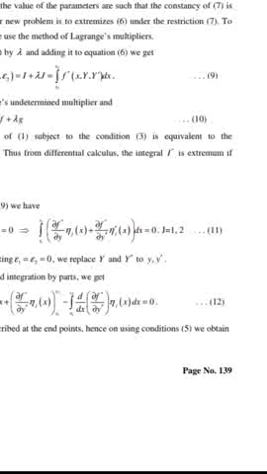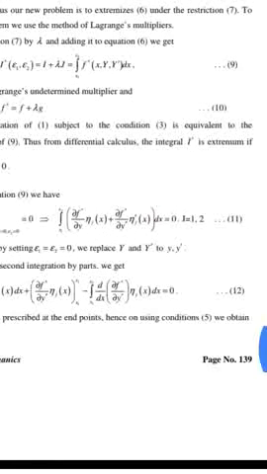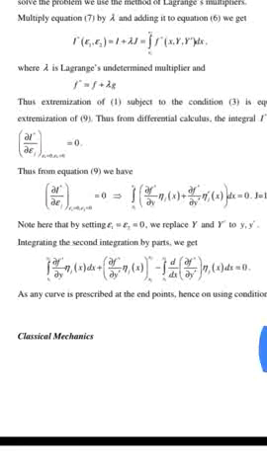This is the integral from x1 to x2 of del f star by del y eta j of x plus del f star by del y dash eta j dash of x dx is equal to 0. Note that epsilon 1, epsilon 2 is equal to 0.